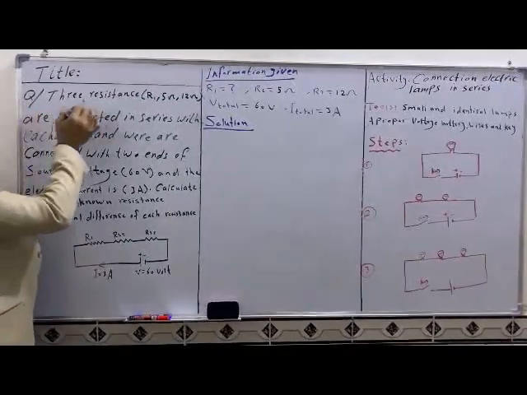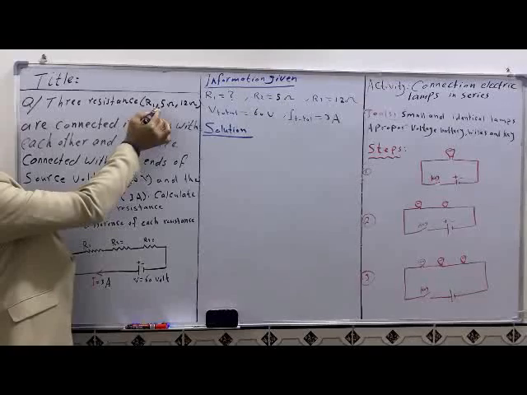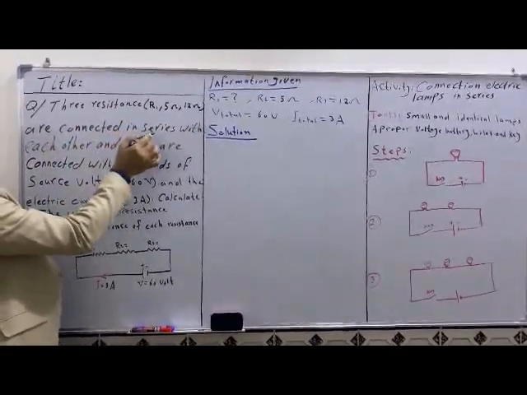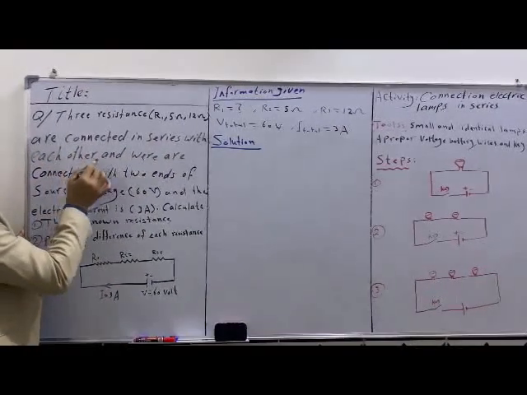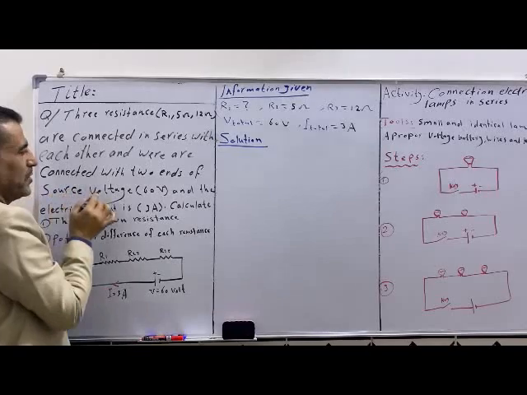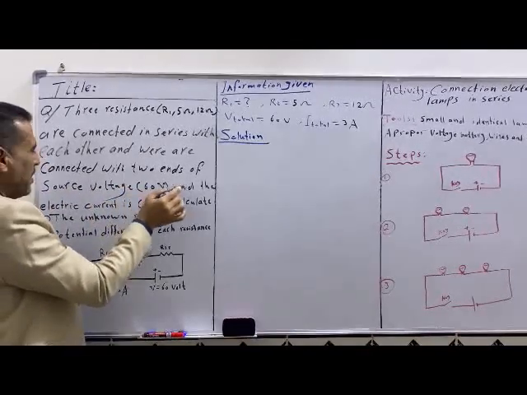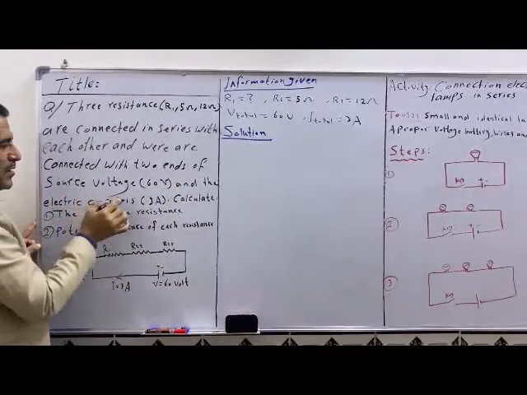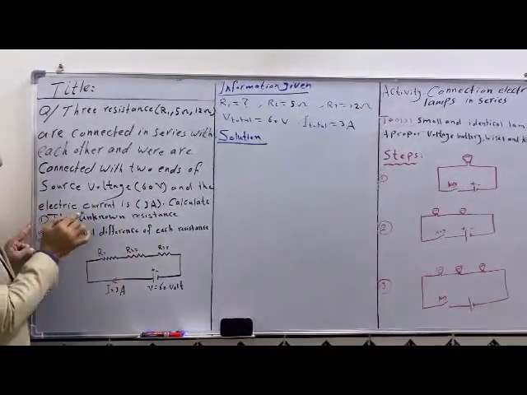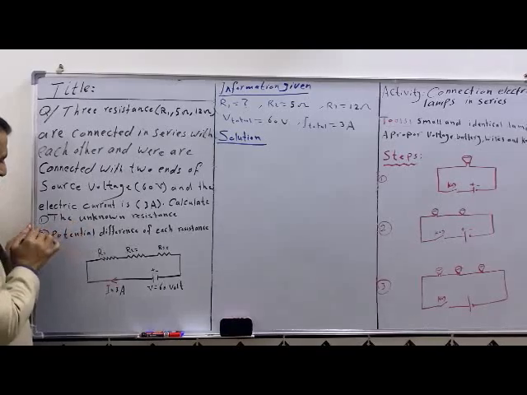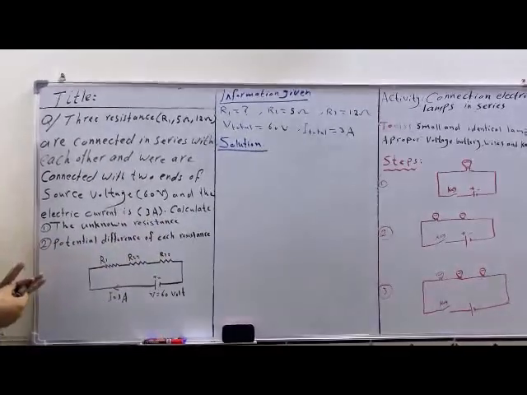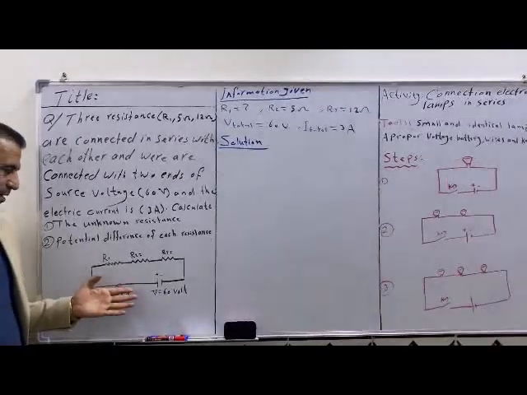12 volt equals the total potential difference. Question. Three resistors R1, R2, and R3 are connected in series with each other and are connected with the two ends of a source voltage of 60 volt, and the electric current is 3 ampere. Calculate: number 1, the unknown resistance; 2, the potential difference of each resistance. This is the diagram of the electric circuit.